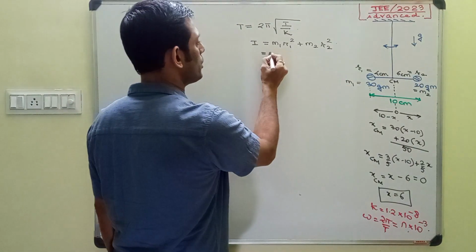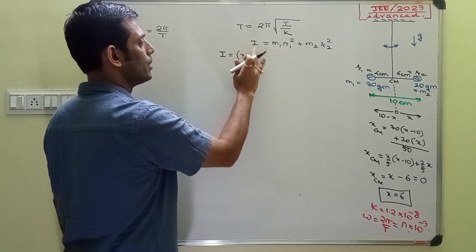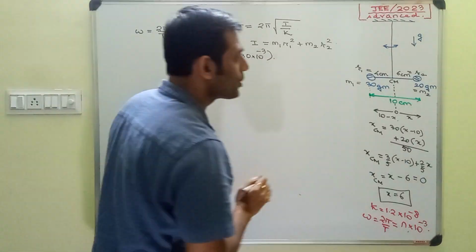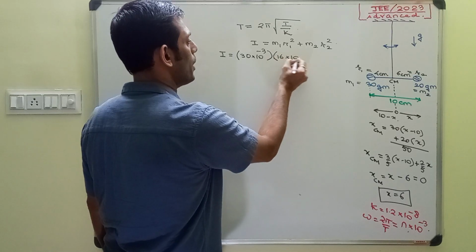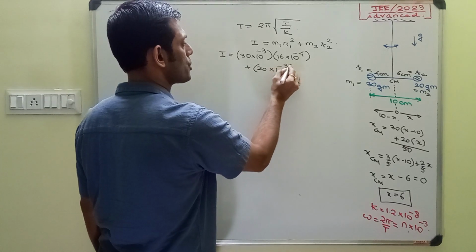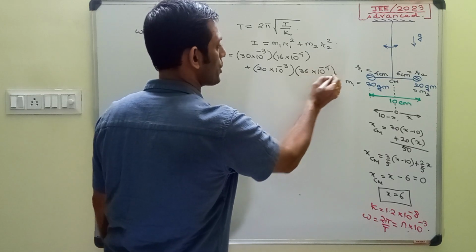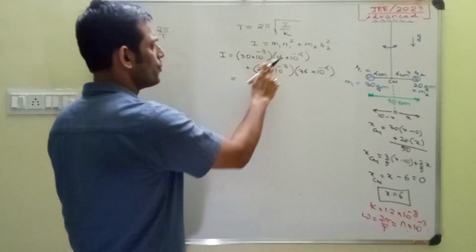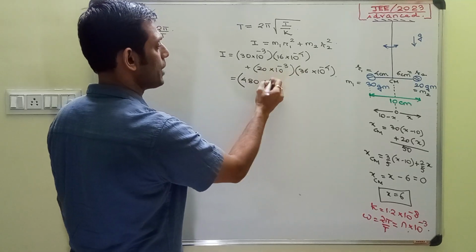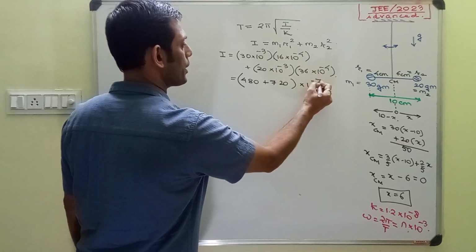Now m1 is equal to 30 grams, so this value 30 grams means 30 into 10 power minus 3 into r1 square. r1 square means 16 into 10 power minus 4, plus m2 is 20 grams into r2 square, that is 36 into 10 power minus 4. So therefore we are going to have 480 plus 720 into 10 power minus 7.